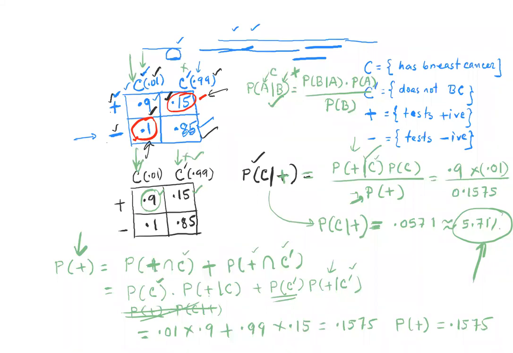Now, this is how you do this problem. This is how you do the first part of the problem. Are you guys okay with it? Any question? Is it too complicated? Everybody?